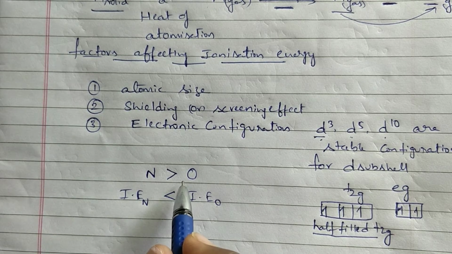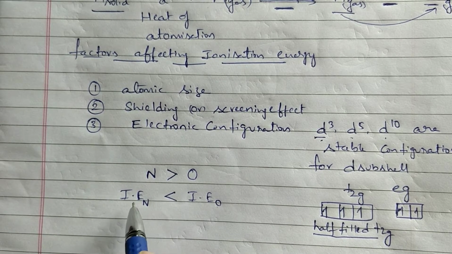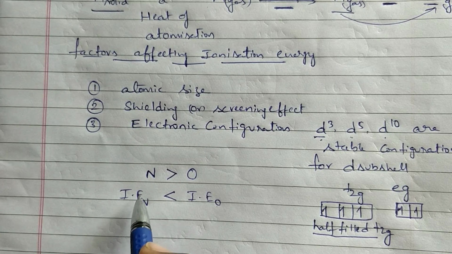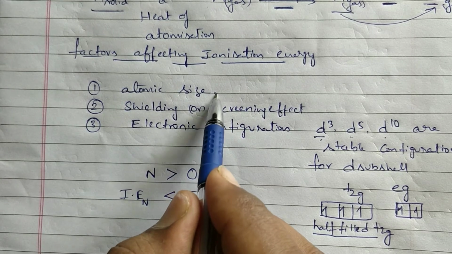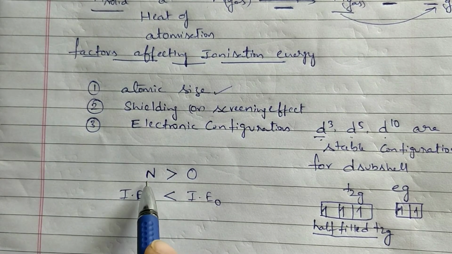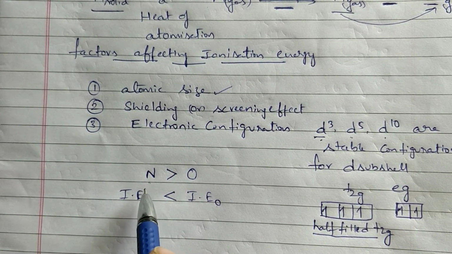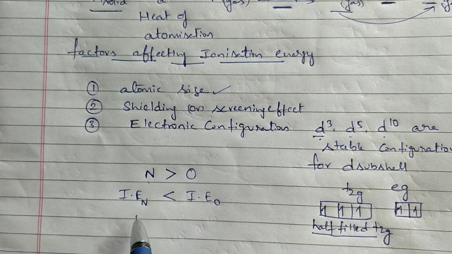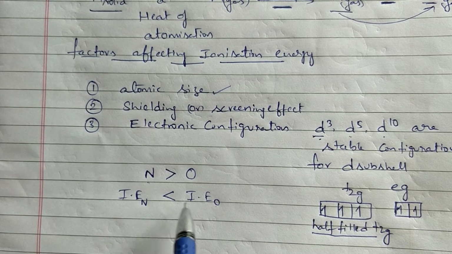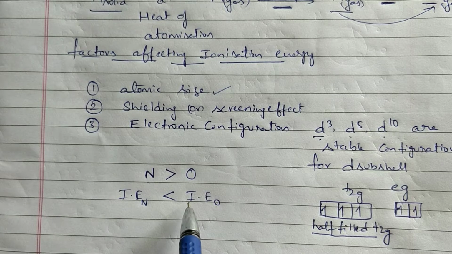According to atomic size, we are thinking that from nitrogen we can remove the electron easily. That's why the ionization energy of nitrogen must be less than the ionization energy of oxygen.